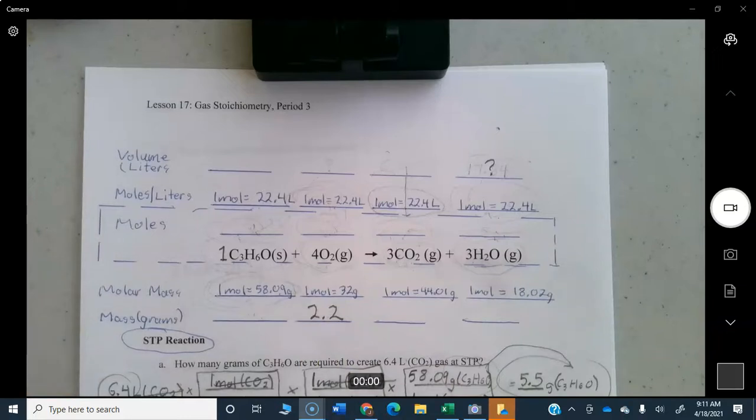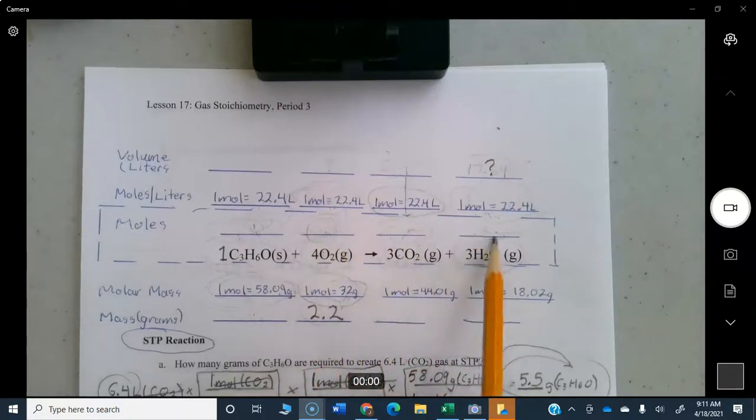Okay, so we need 3 conversions again. We need to get from here to here using the molar mass, and that really should be 32.00, and that matters for the purpose of significant figures. So you use this molar mass to get to here. Then you use the same relation we just had. 4 moles of O2 equals 3 moles of H2O.